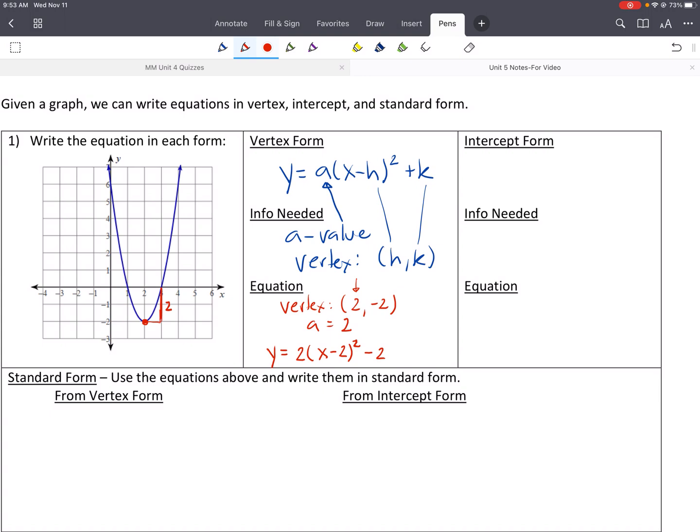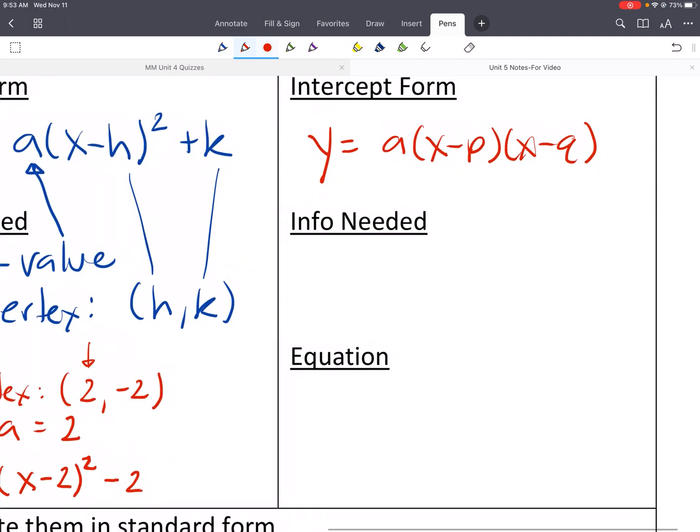Okay, intercept form. Intercept form is y is equal to a times x minus p and x minus q. So what do we need? Well, we need to find the a value. Again, we'll do it the same way we did before. And then we also need to find the x-intercepts.